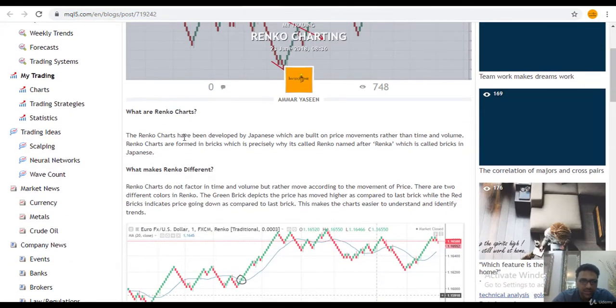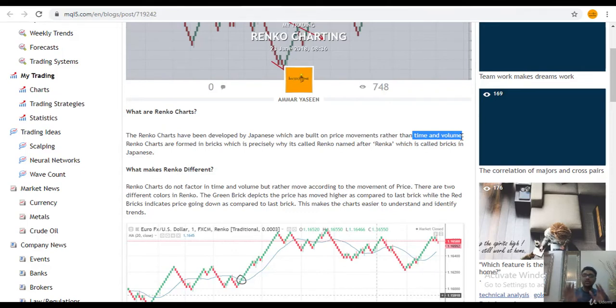The Renko charts were developed by the Japanese, and are built on price movements rather than time and volume. So Renko charts are basically charts that do not take into account time and volume.